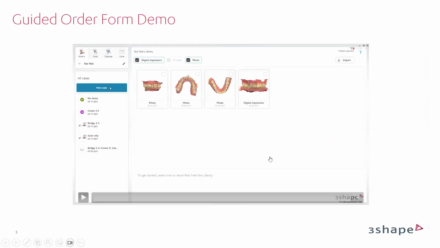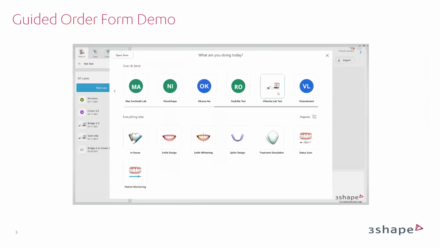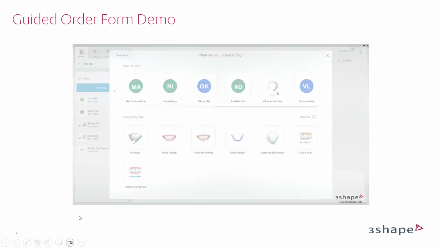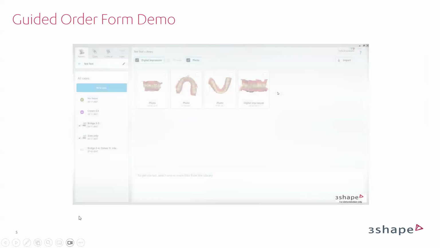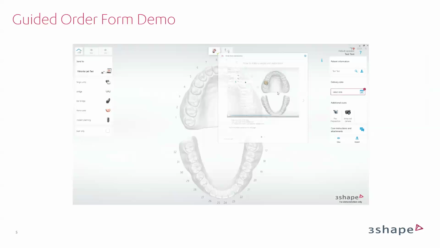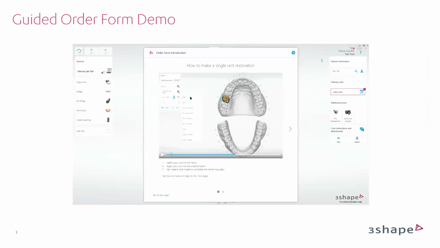Also, as you can see, we will now briefly check the guided order form demo video. You can see that we're creating the case, and we're selecting the lab here. We can see that no items are selected. We have the order form page here.